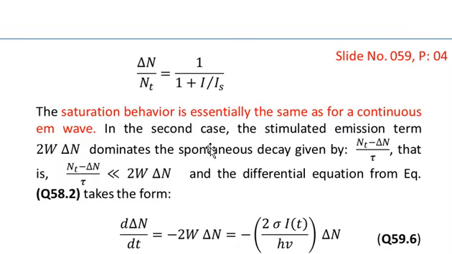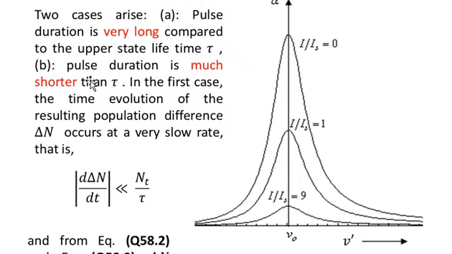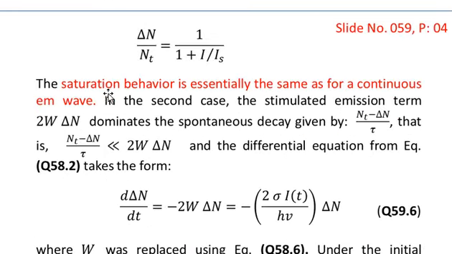In the second case, what was the second case? The second case is when the pulse duration is much shorter than tau, that is, tau is much larger. So in the second case, the stimulated emission term 2W multiplied by delta n dominates the spontaneous decay rate given by Nt minus delta n over tau.